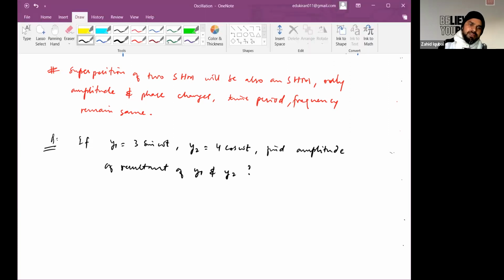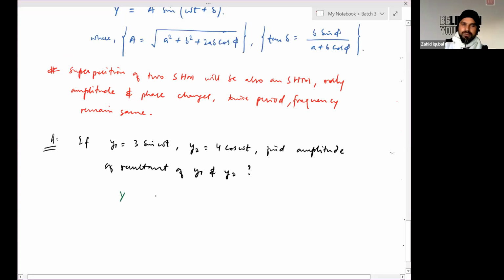First, y equals y1 plus y2. So we have 3 times sine omega t plus 4 times cos omega t. In the first part, we have sine and sine, but in this part, we have to convert cos in terms of sine first.